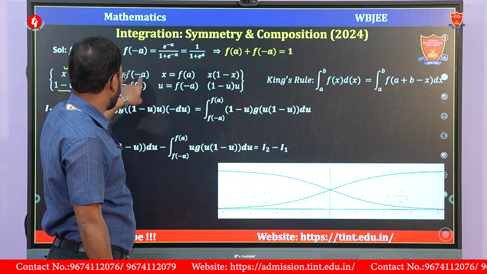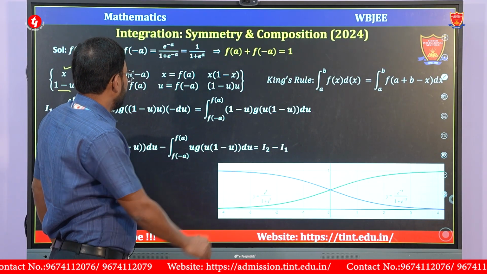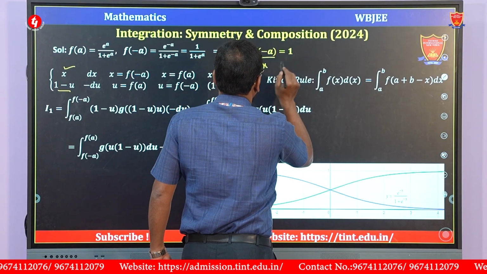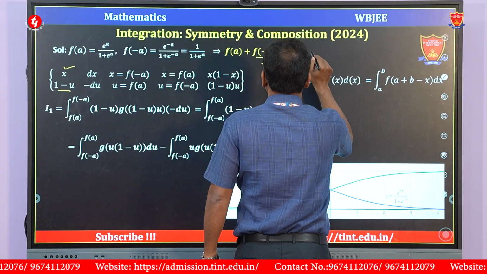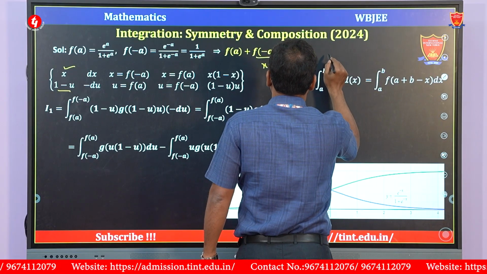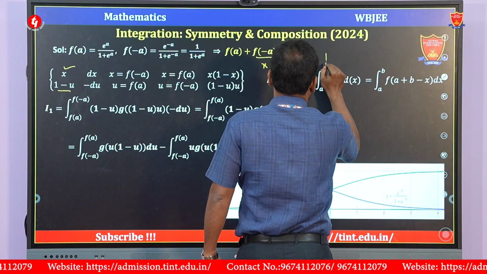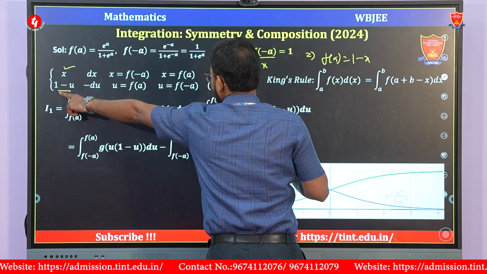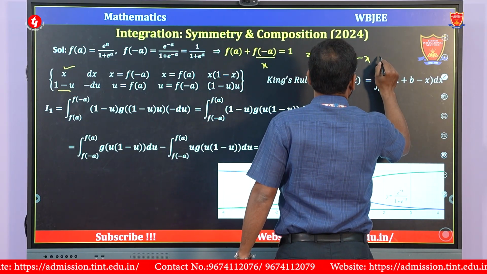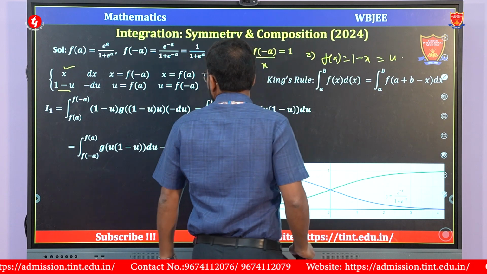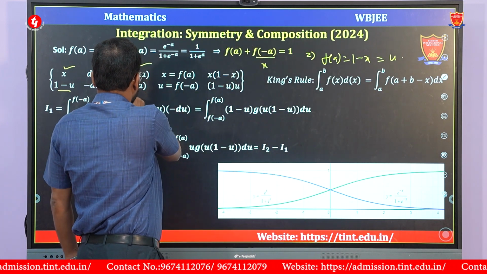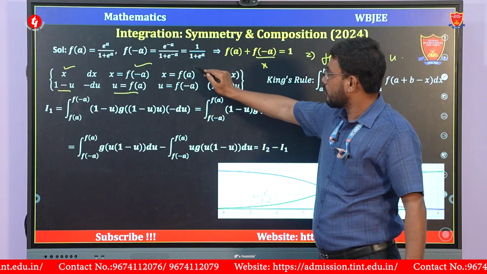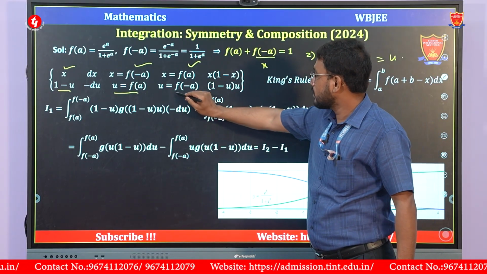So, when x is f of minus a, this is your x. f of a means, from here, 1 minus x, and from this relation this is your u. So, when x is f of minus a, this is your u. Similarly, from this relation, when x is f of a, u is f of minus a.